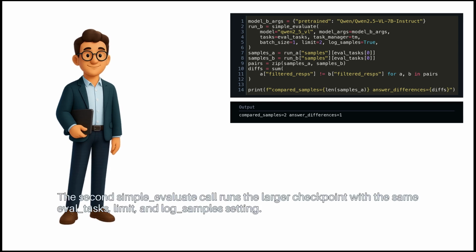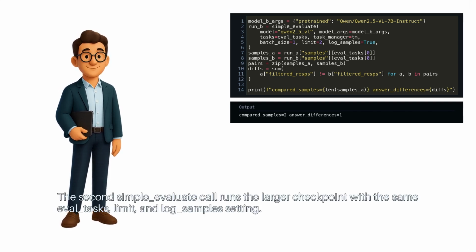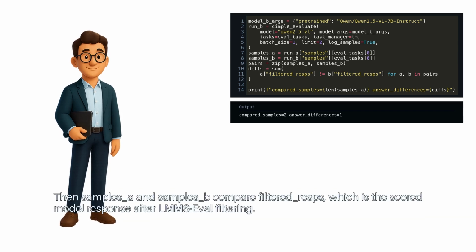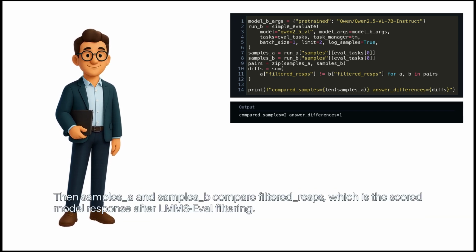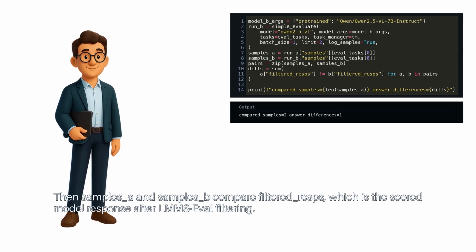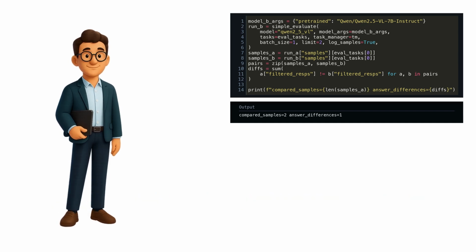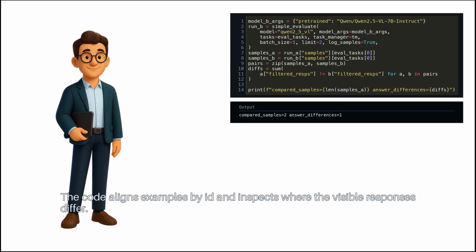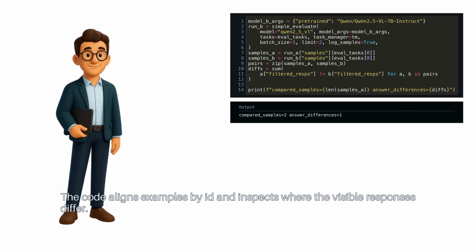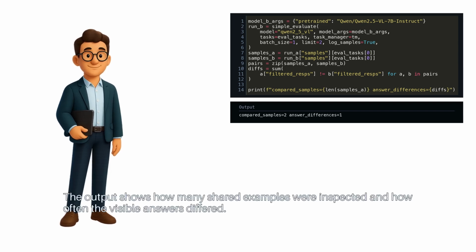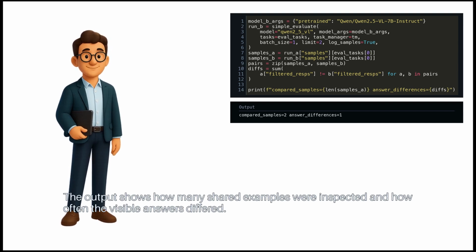The second simple_evaluate call runs the larger checkpoint with the same eval_tasks, limit, and log_samples setting. Then, samples_a and samples_b compare filtered_resps, which is the scored model response after LMMS-Eval filtering. The code aligns examples by ID and inspects where the visible responses differ. The output shows how many shared examples were inspected and how often the visible answers differed.